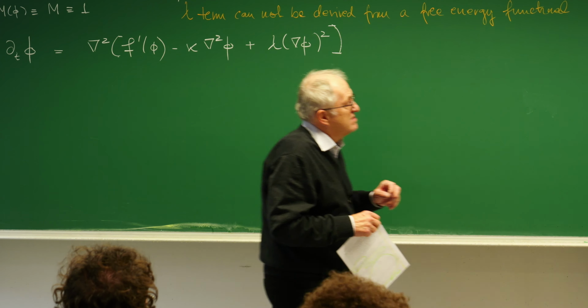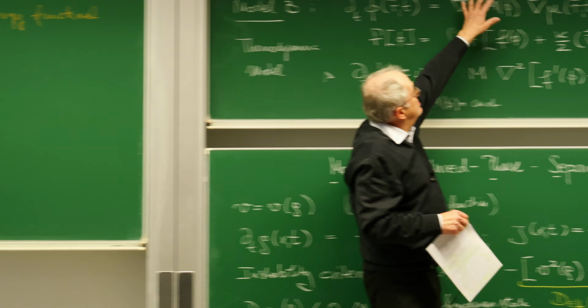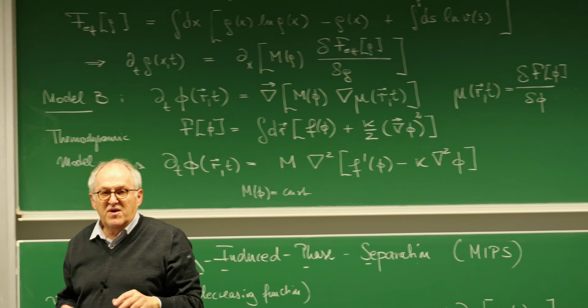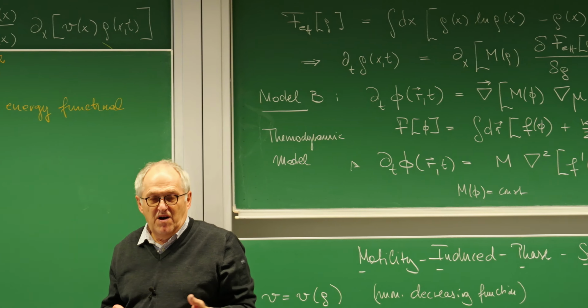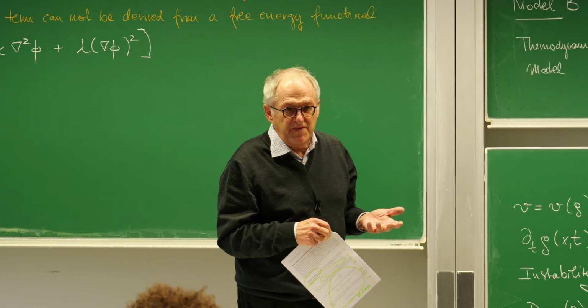One is that the origin of this local free energy functional that we have here, the F, is not coming from a picture of free energy, but from a kinetic picture.